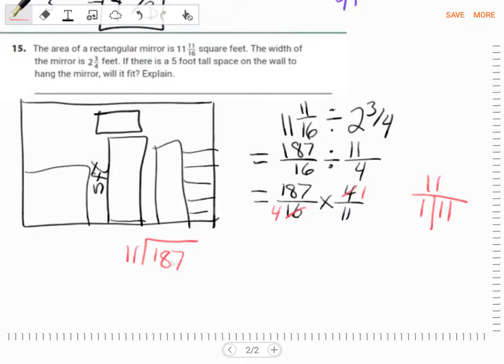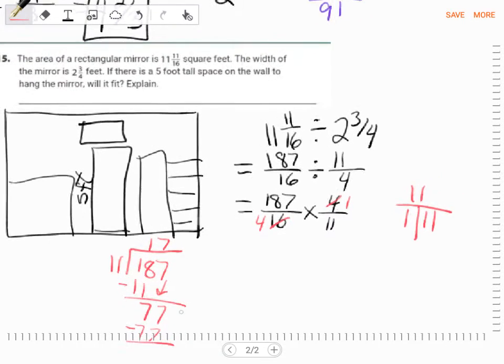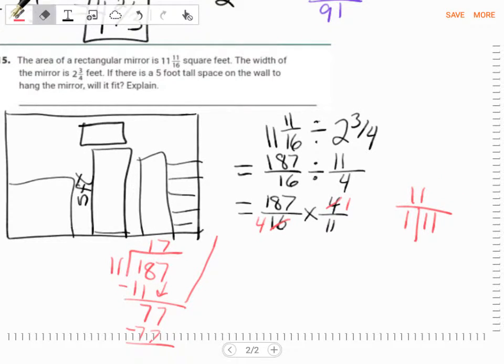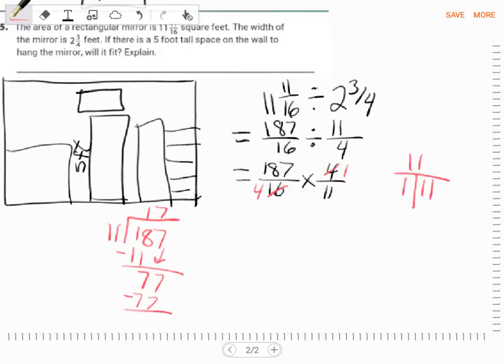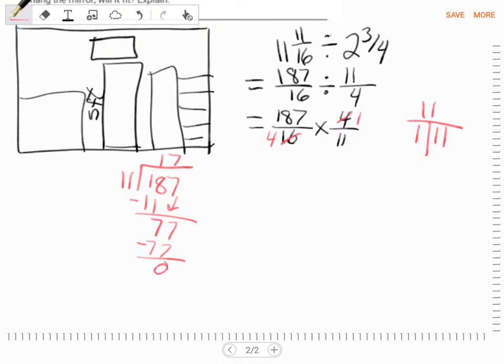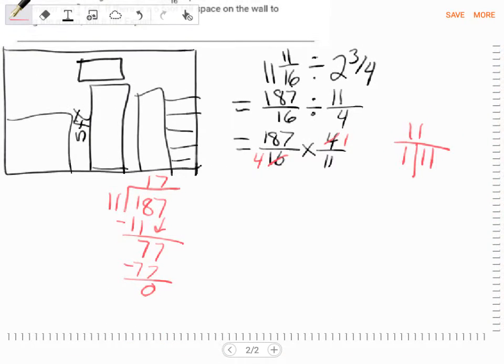So 187 here. 11 goes into 18 one time. 1 times 11 gives you 11. Let's subtract. 8 minus 1 gives me 7. I'm going to bring down this 7 here. 11 goes into 77 7 times. And so it does look like we are able to divide 187 by 11.